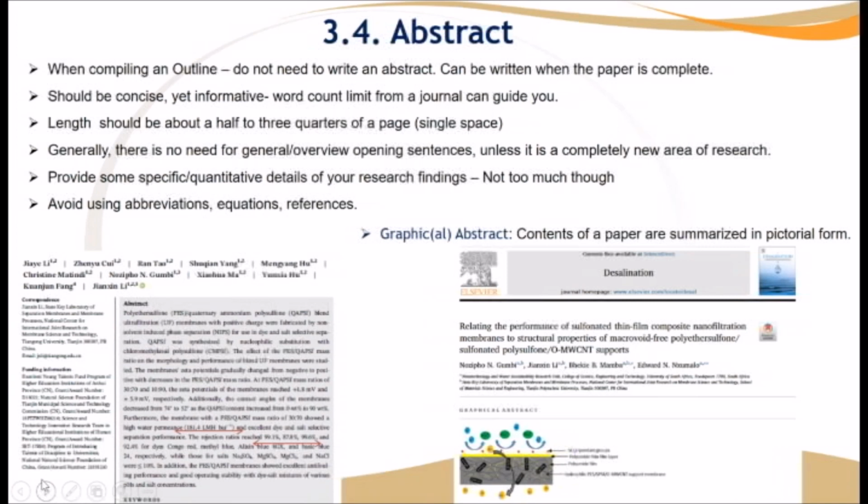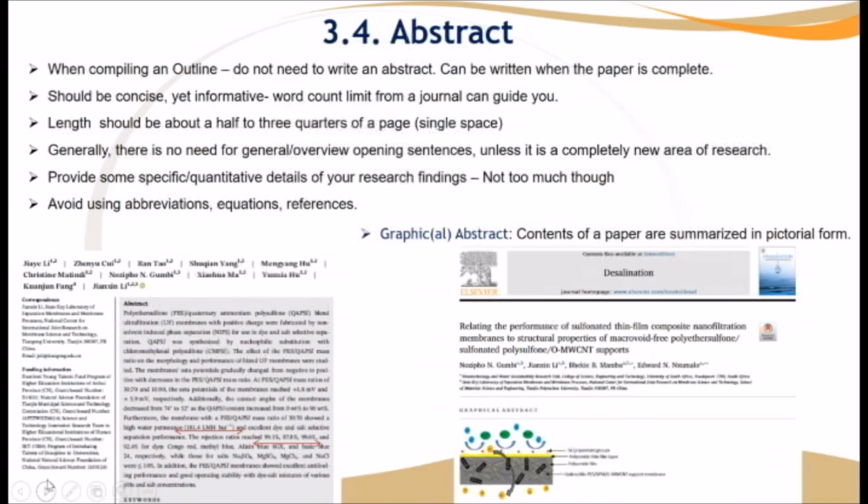Whilst you are at the outline stage, you will have the section on abstracts, but it is not compulsory as yet, because it is born out of the fact that you have done all the experiments, all the research, and then at the end, from your findings, you give a concise and compressed summary of the events that took place. So this part we leave towards the end, but nonetheless, do put it in your working outline.